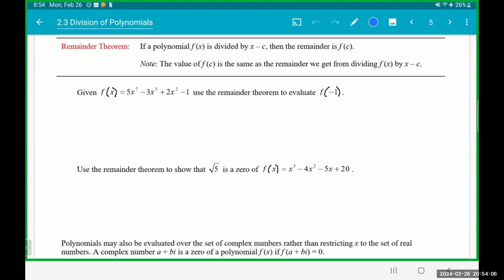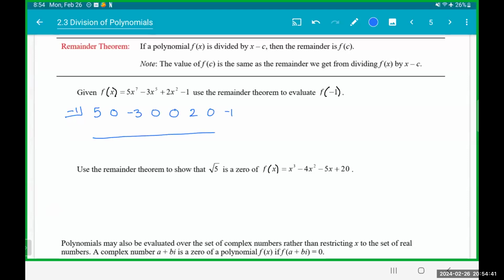So in this case, we can use synthetic division. We're looking at negative 1, so we're going to put negative 1 in the box. And we have x to the 7, 6, 5, 4, 3, 2, 1, and 0.